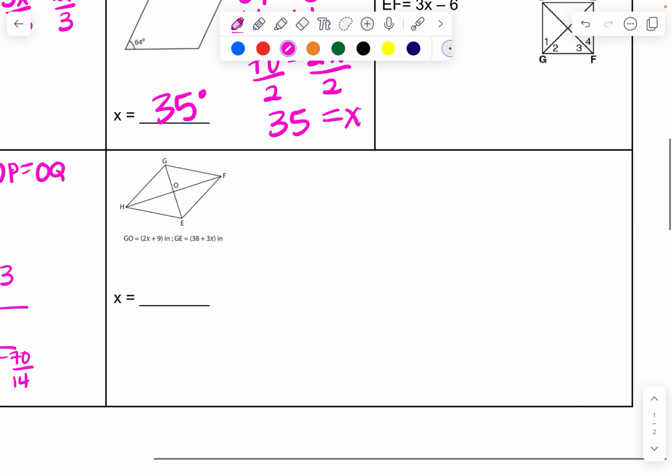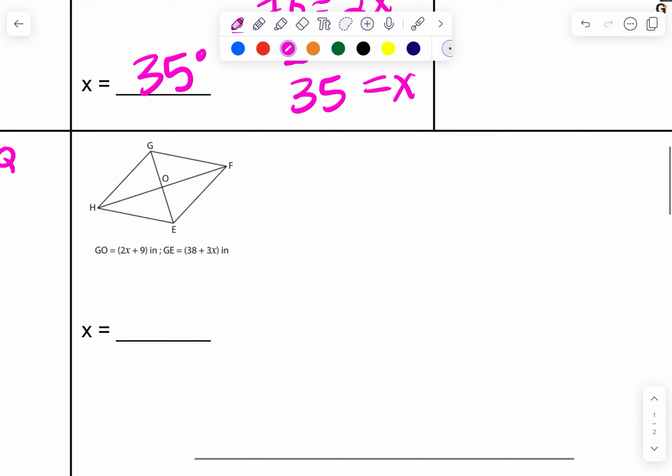This last one here, we need a little bit more space. They're telling me from G to O, so this part right there, is 2x plus 9. And they're telling me that the whole thing is 38 plus 3x.